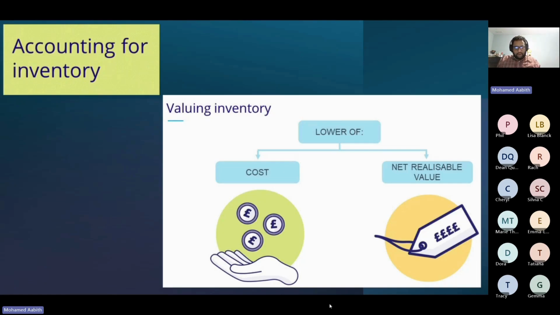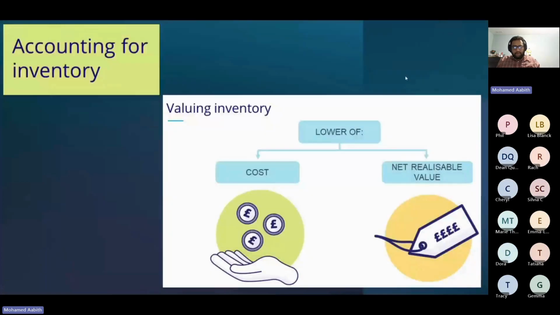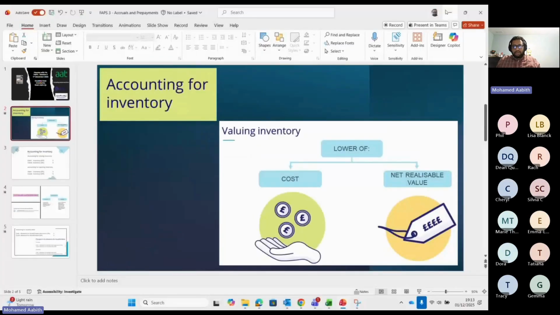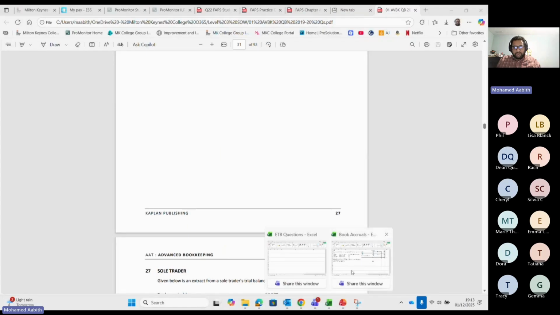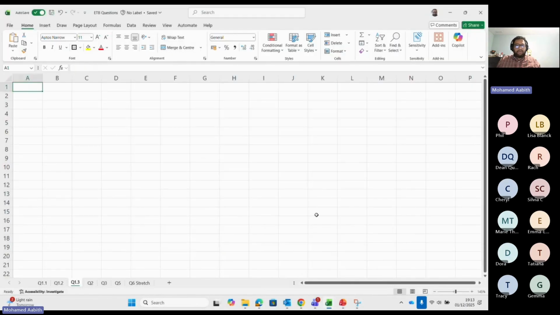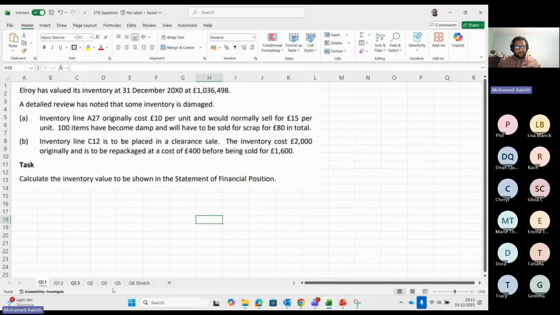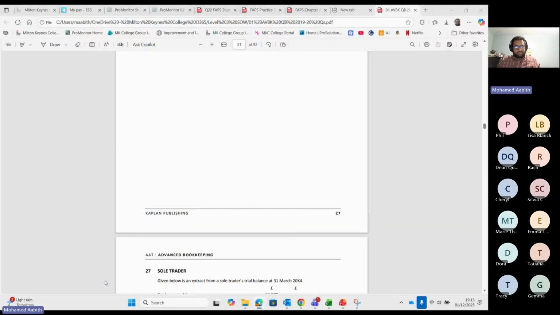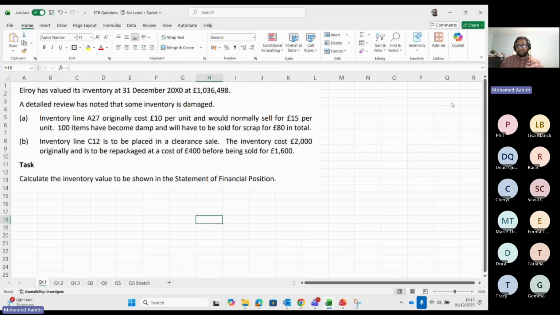So let me quickly go here. Let me stop sharing and then I'll be able to share the screen. That's easier if I do it this way. I'll get to my spreadsheet quickly. Hold on, I'll just add a question here. Just bear with us, please. I think I put in the wrong one.